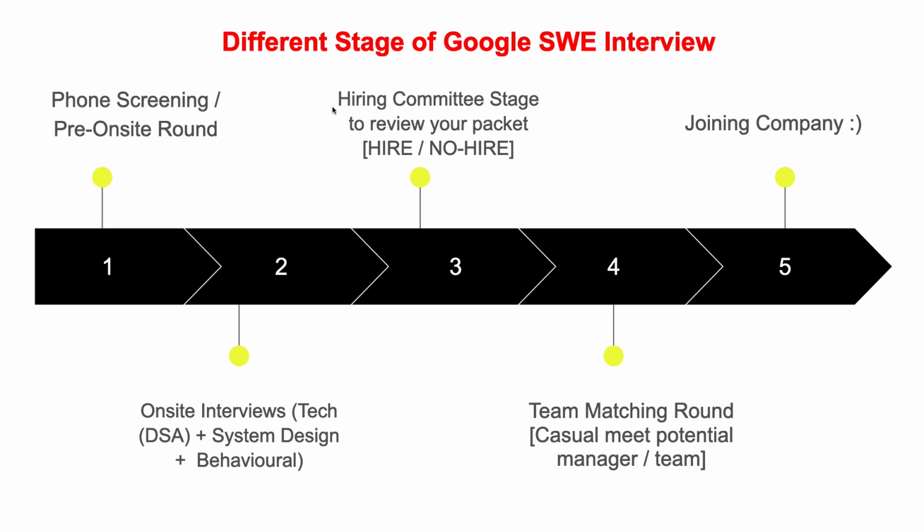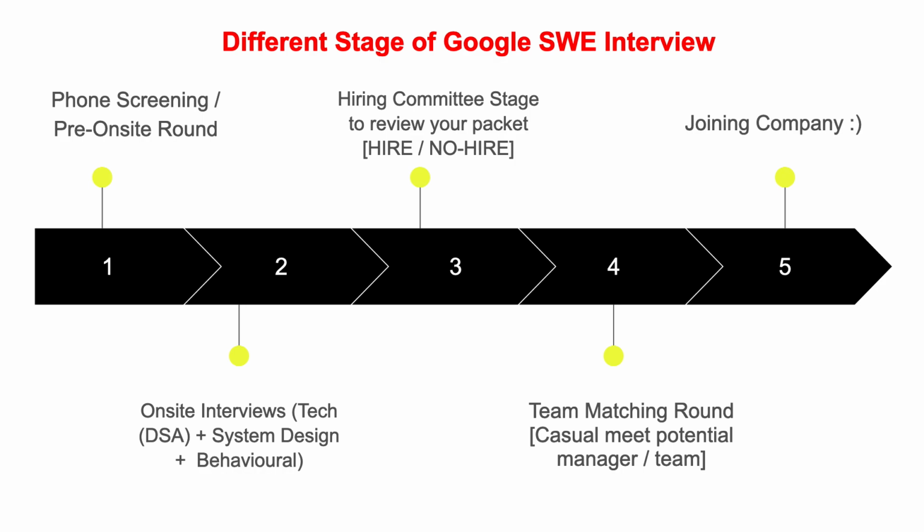Once you clear that hiring committee stage, you're almost 95% sure that now you've got a job offer. Then come a couple of team matching rounds, where there will be mostly casual meetings with your potential future manager or your team.